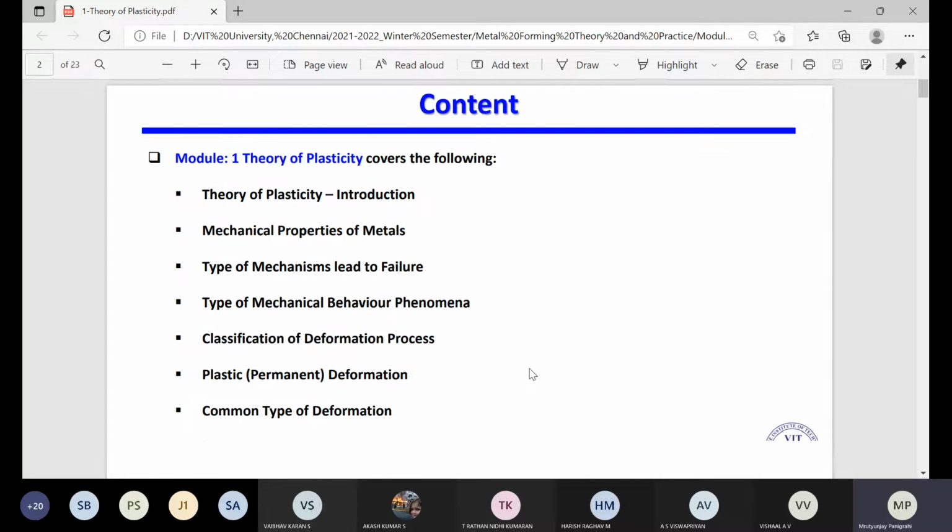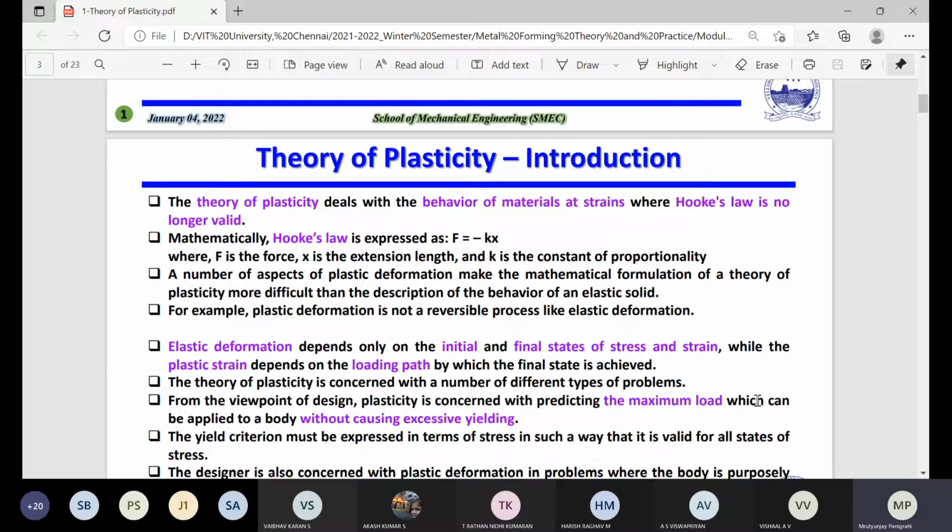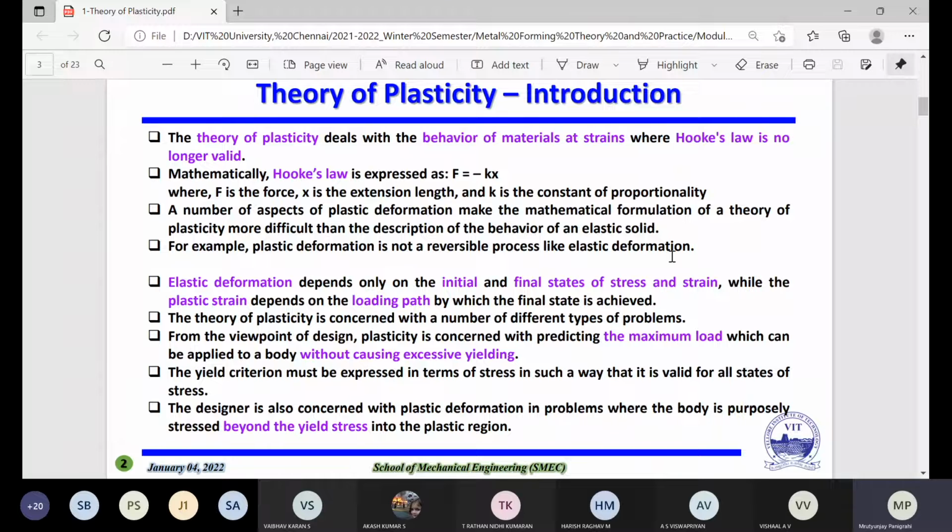Okay. So before going into the detail of plastic deformation, you have to understand that the theory of plasticity deals with the behavior of materials at a strain where Hooke's law is no longer valid. These are the behaviors of materials, the strain rate or the stress. We have already covered these, and based on the strain rate, we have also done some numericals.